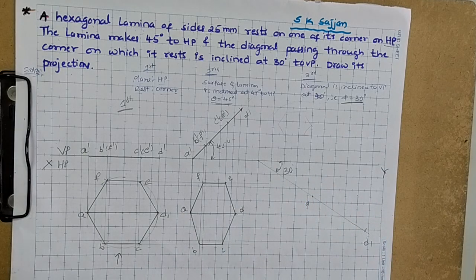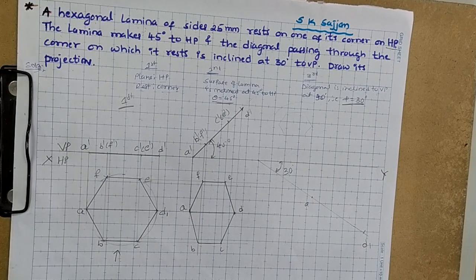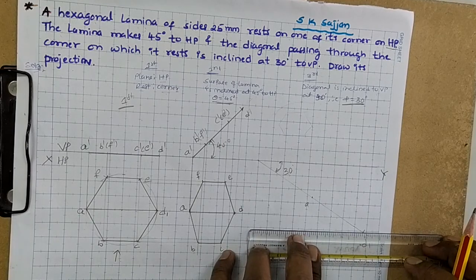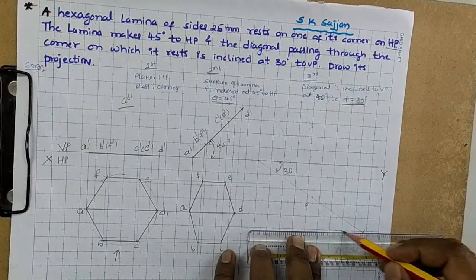In the locus method, first we have to draw the horizontal locus line passing through D1.